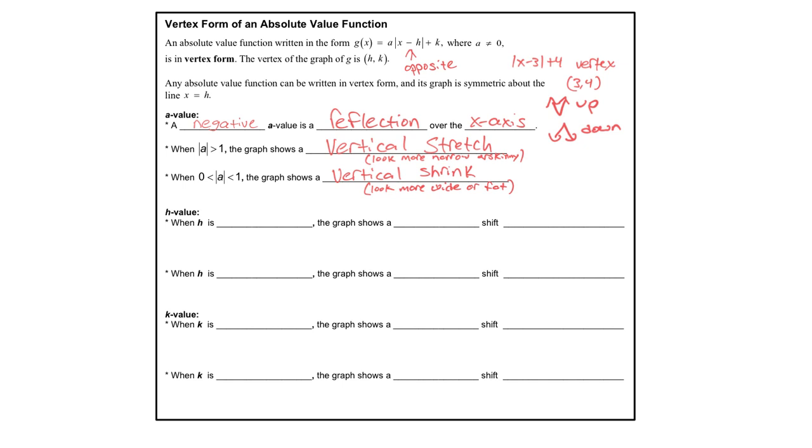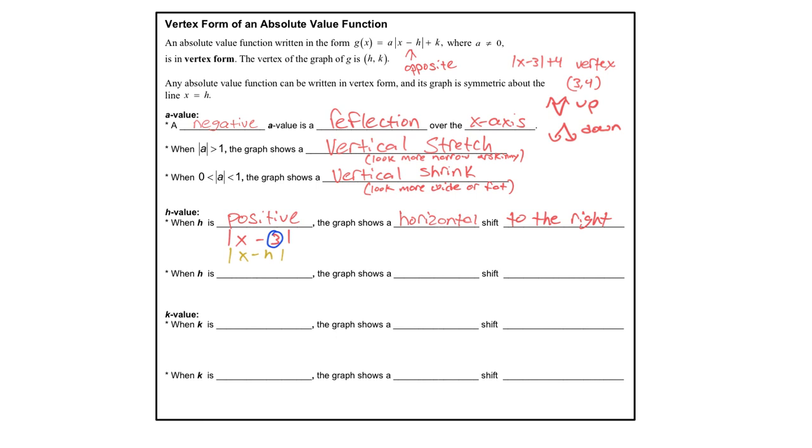The h value, that's what's inside of the absolute value symbol. So when the h value is positive, the graph shows a horizontal shift to the right. Now, when I say positive, the example here would be like an x minus 3, because the 3 itself is positive, because think about it, we were supposed to have an x minus h.